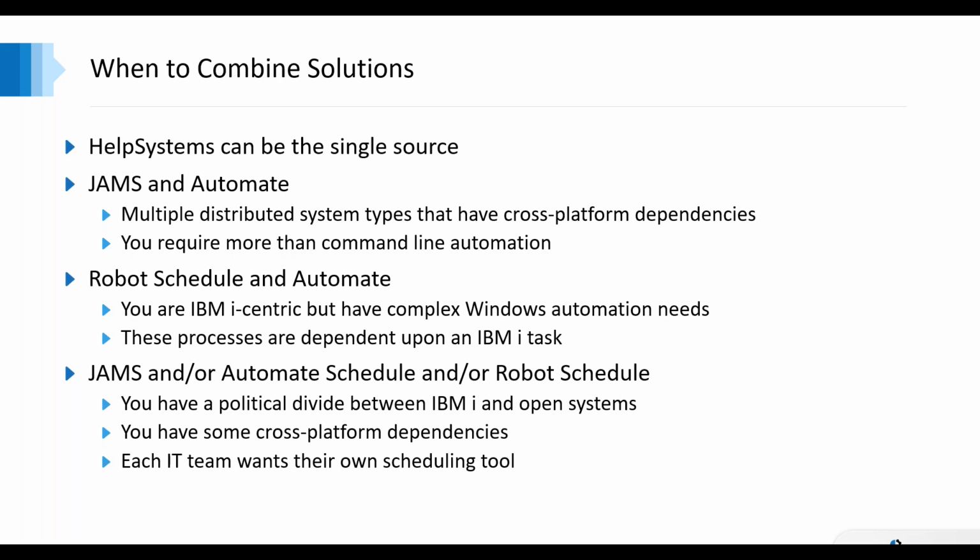But of course, JAMS and Automate can work together to help automate some of those maybe Windows things that are more interactive in nature and provide a centralized workload automation tool that can deliver the automation at the desktop or the end user type process. And of course, Robot Schedule and Automate can be integrated too through the IBM i centric Windows automation piece. We can certainly launch Automate tasks from there.